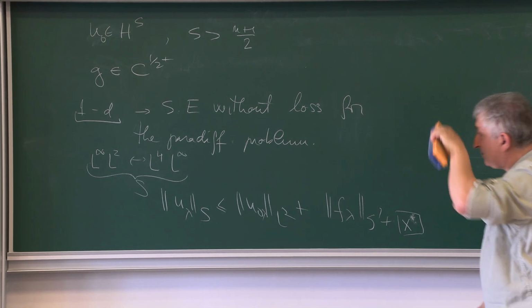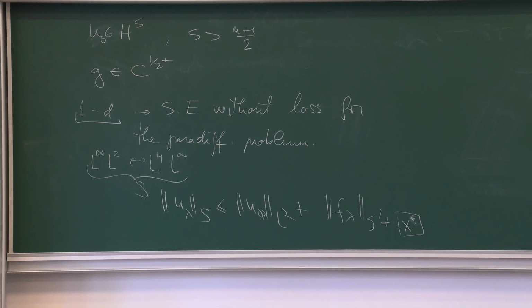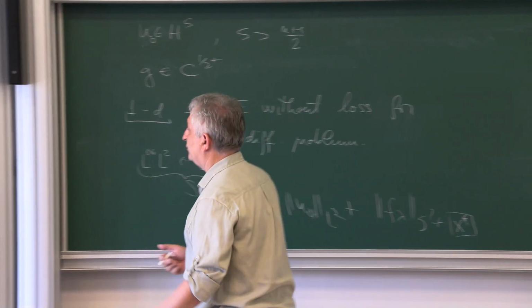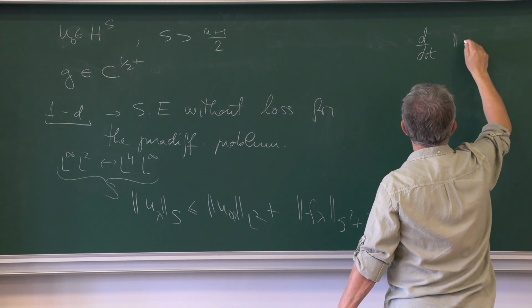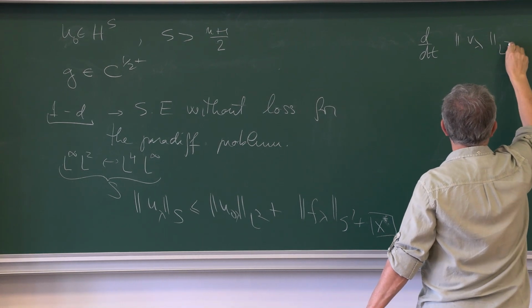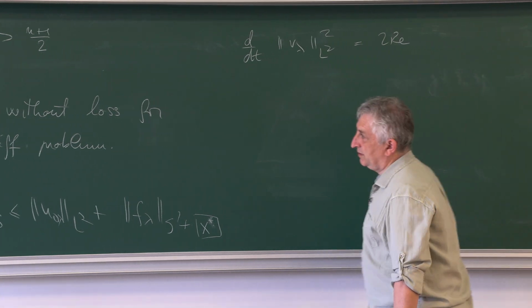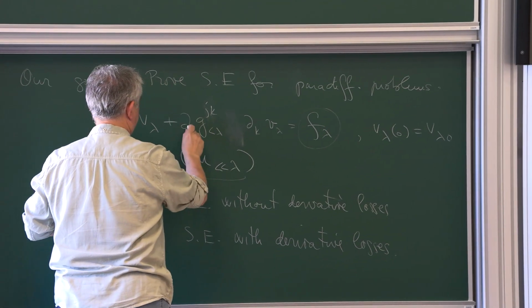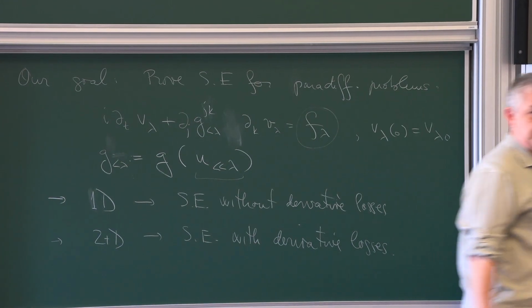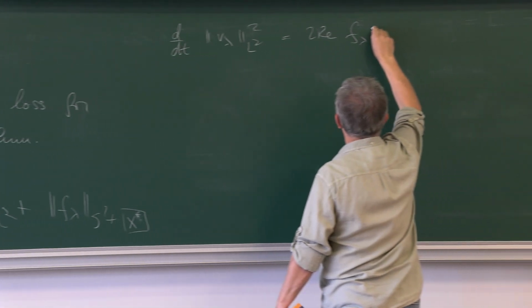Well, if we just try to get energy estimates for a problem like this, and you compute d/dt of the norm of V lambda in L2 squared, this is 2 times the real part of, and here maybe let me write this in divergence form so that this energy estimate is cleaner, 2 real part of the integral of F lambda V lambda.